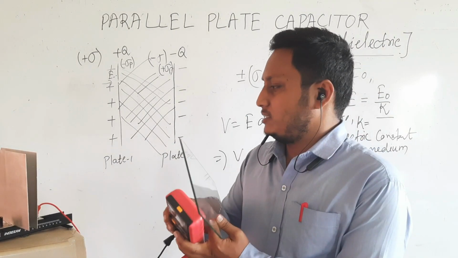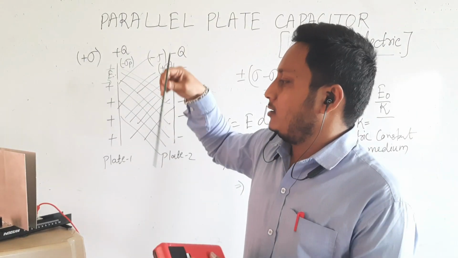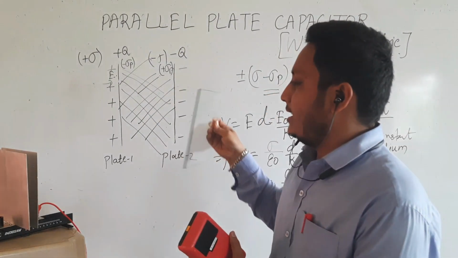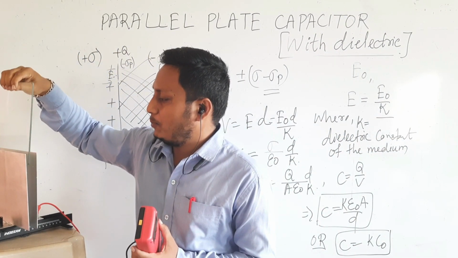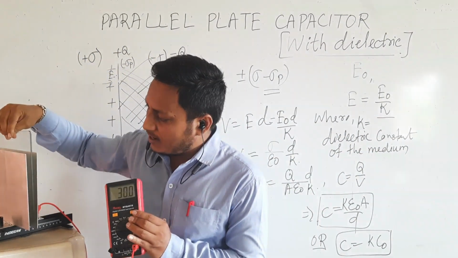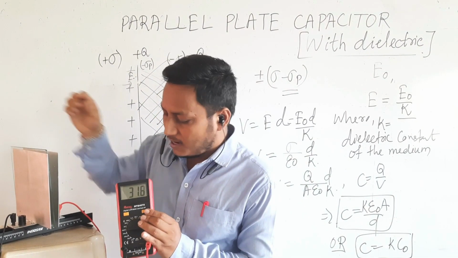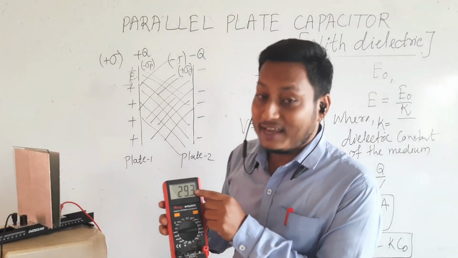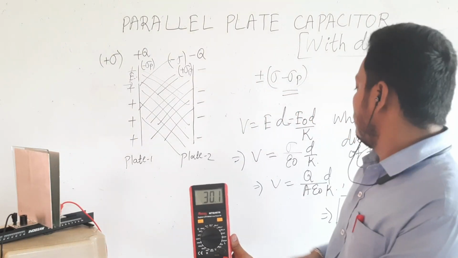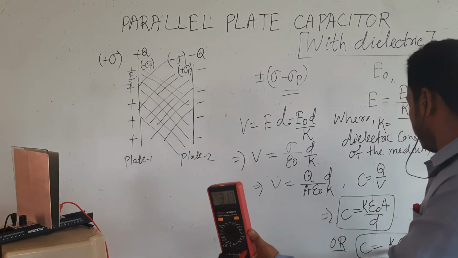Now let me insert this glass plate, a dielectric, between the plates. You will see a change in the value. I kept it inside, and the value increases from 26 to 29 because of this K term. Capacitance is directly proportional to K.